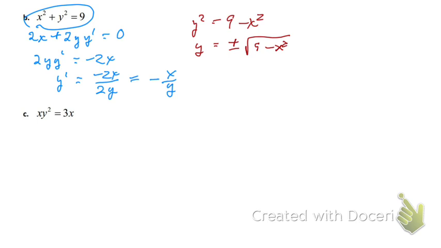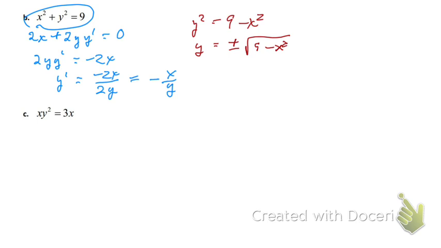Let's look at C. I'm not going to divide both sides by x. That's our first inclination, let's just jump in there and cancel stuff. If I did, I'm going to lose something in the process. So the rule says differentiate both sides with respect to x. Oh, man, this is a product rule. I've got x times y squared.